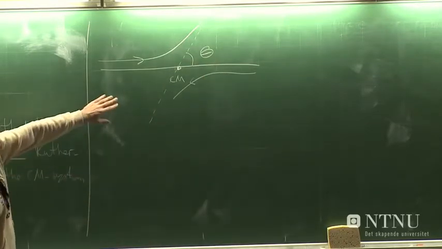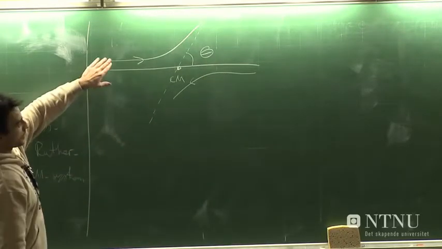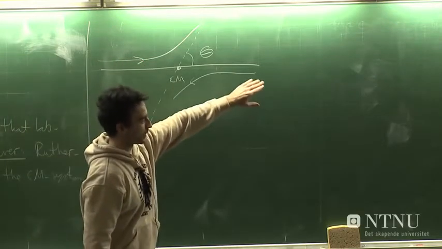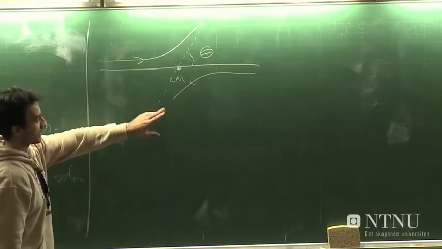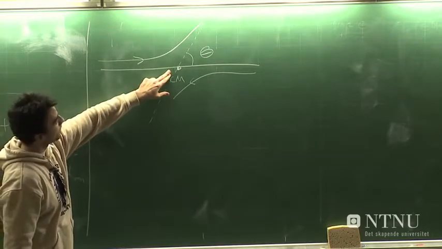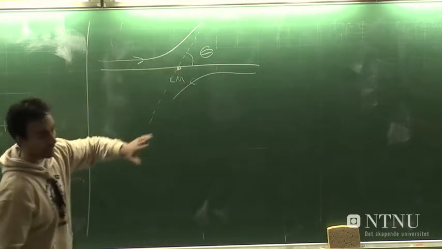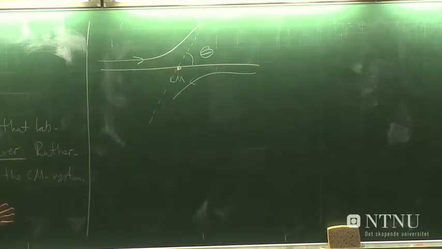In the center of mass system, the situation would look like this. We would have an incoming particle here and an incoming particle here, in such a way that the center of mass would remain fixed. So then the scattering angle would be the angle between the two trajectories.